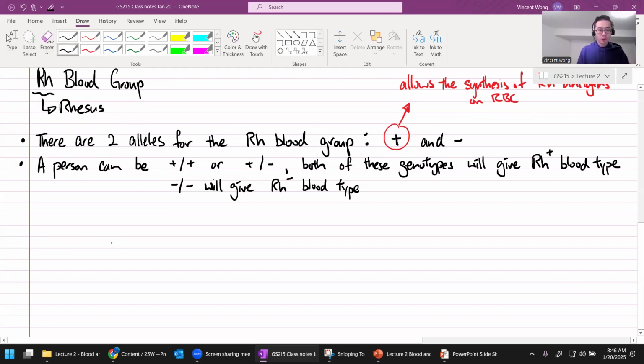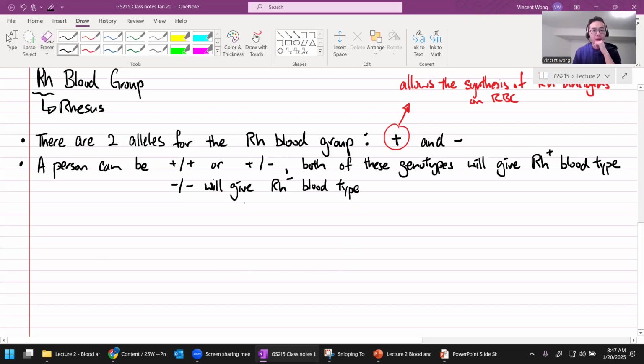Do you have a more specific question? Which aspect do you not get? Do you not understand the difference between Rh positive and negative, or you don't understand why the alleles would result in the blood type? Why the allele gives blood type?